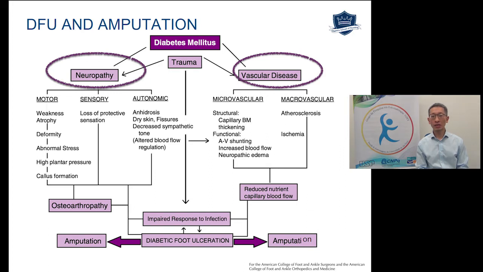Understanding the diabetic foot ulcer occurrence, the key risk factors are two major ones, including the loss of protective sensation due to neuropathy, or because of vascular problems.